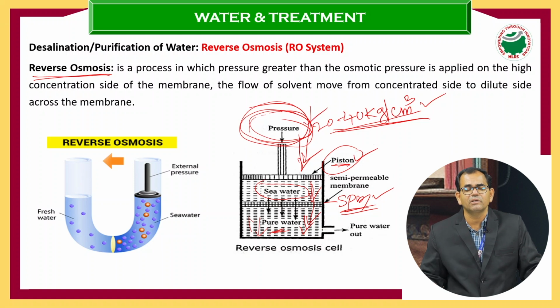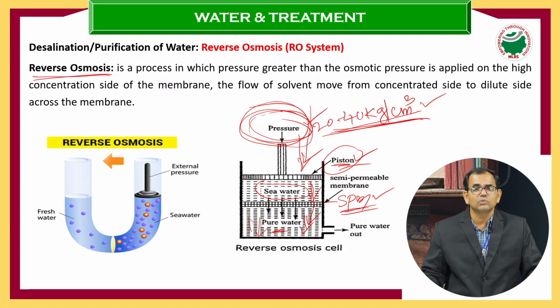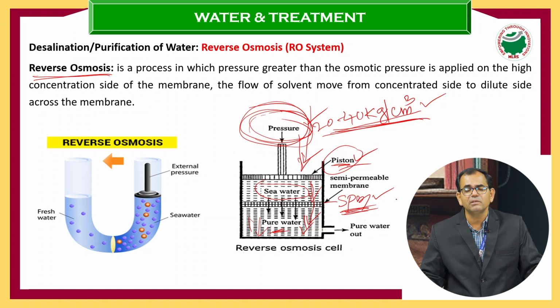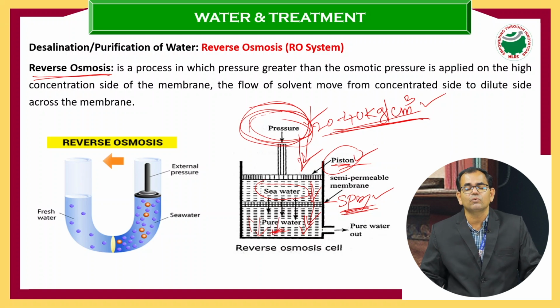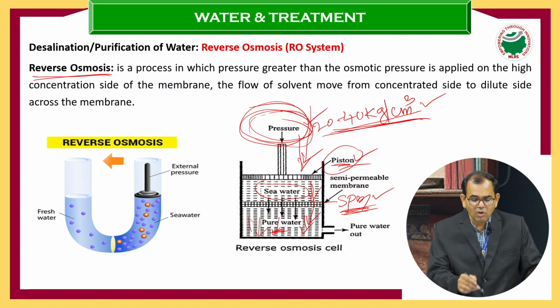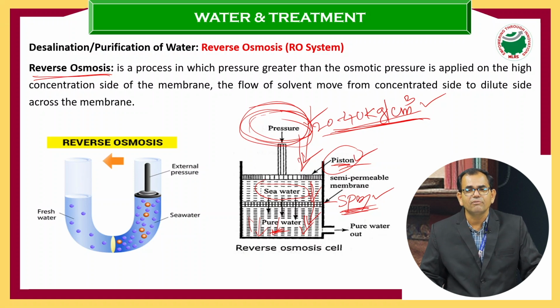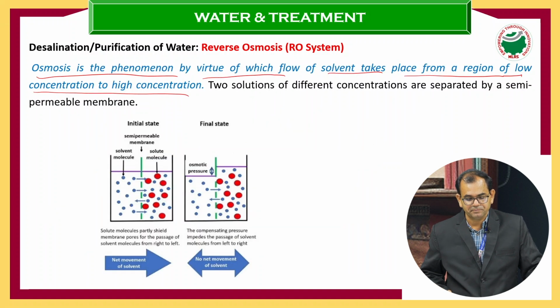With the help of this pressure, the ions are separated by the semi-permeable membrane, and finally we collect pure water for drinking. This is how the reverse osmosis mechanism works, and this is its main purpose.